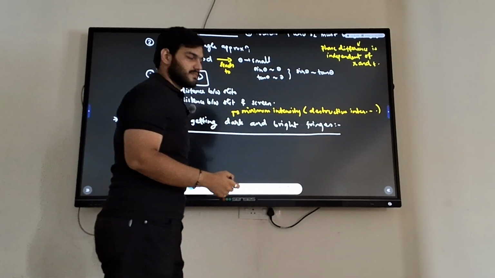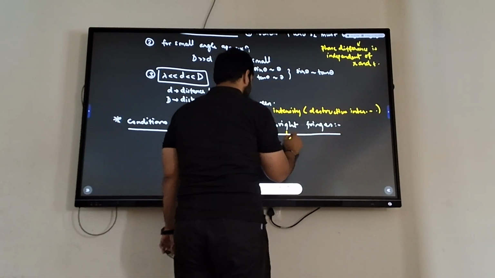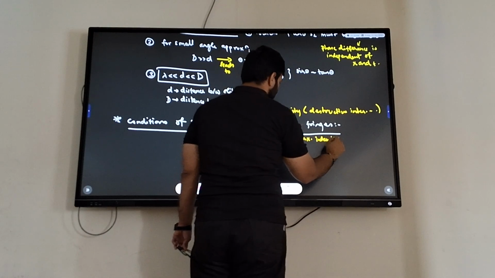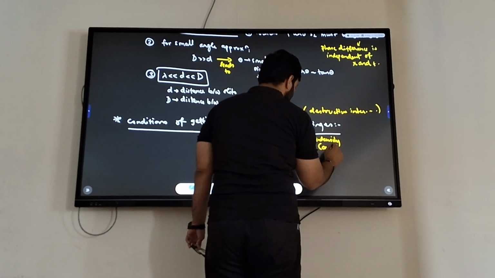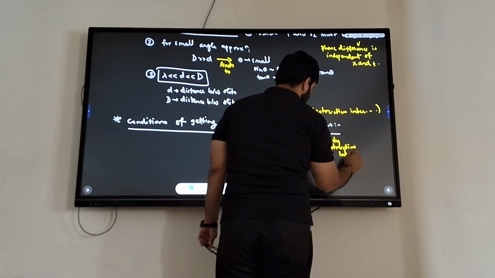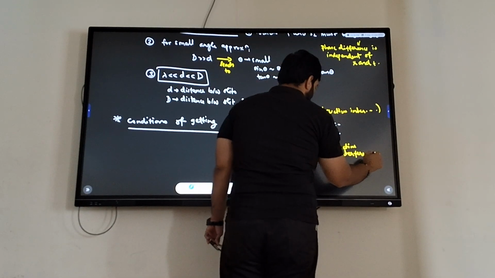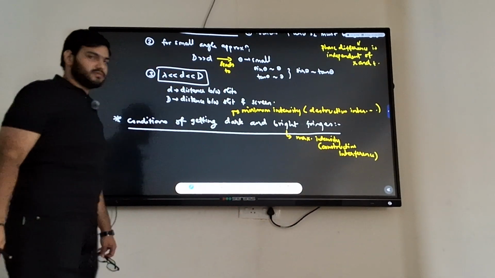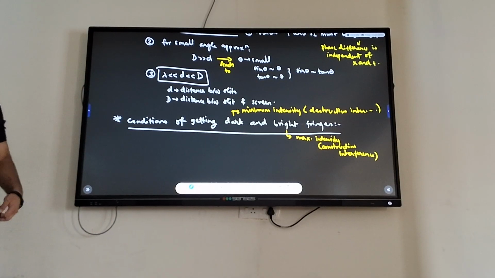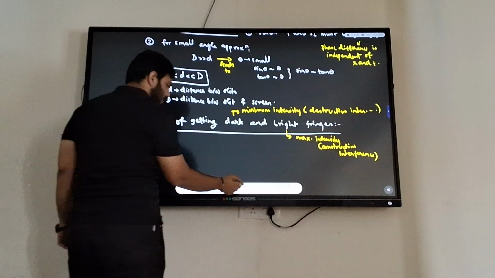And this is max intensity or constructive interference. Is it okay? Now let's try to find the conditions. So I'm redrawing everything.